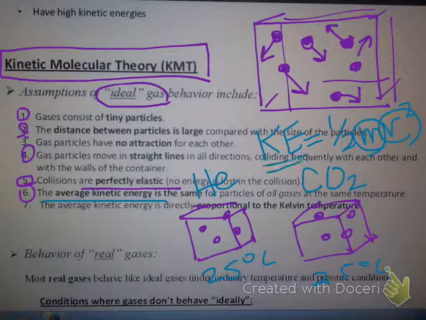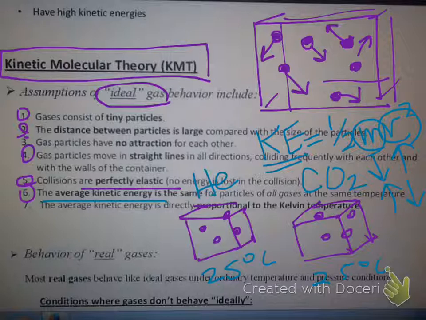If you have a higher mass particle that has the same kinetic energy as a particle with a lower mass, basically it means that the lower mass particle is moving at a higher velocity, so lower mass, higher velocity, and the higher mass particle is moving at a lower velocity or speed.